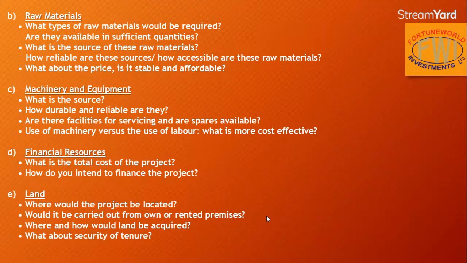Those are the raw materials that you need. We've looked at machinery, that oil pressing machine, that mixer that you need for your construction project, whatever machinery that you're talking about. It can be a tractor. Excuse me. That is an example of machinery.